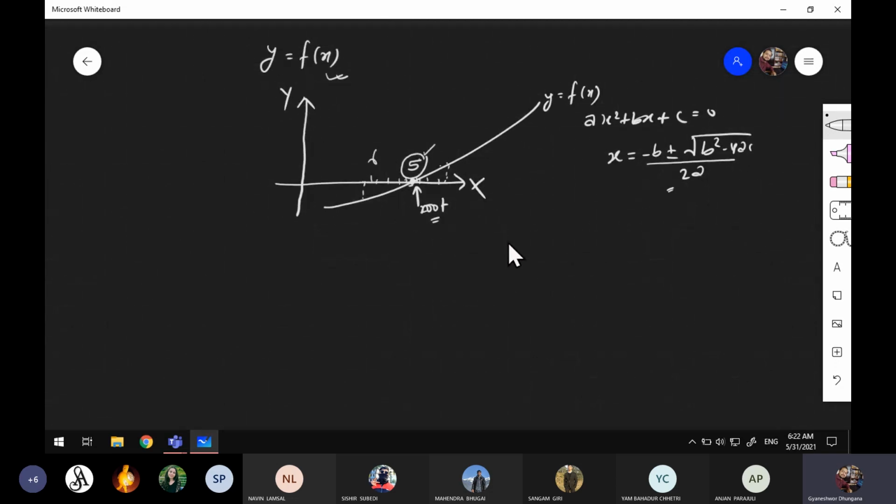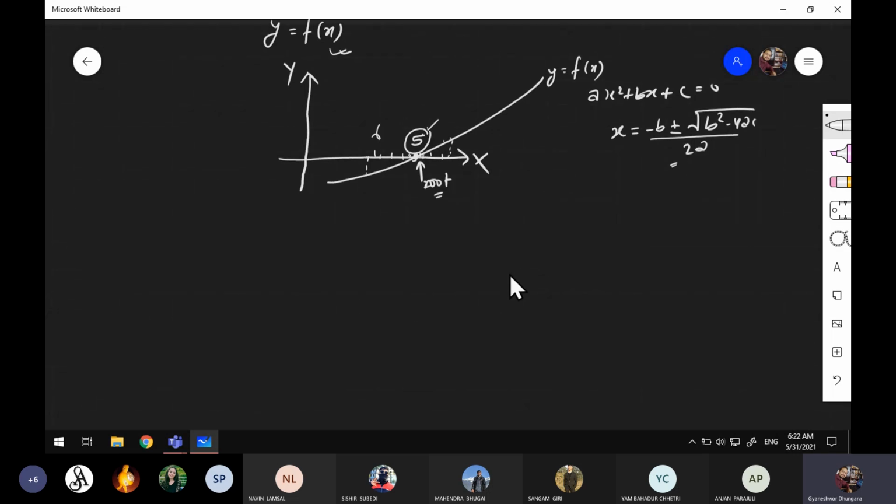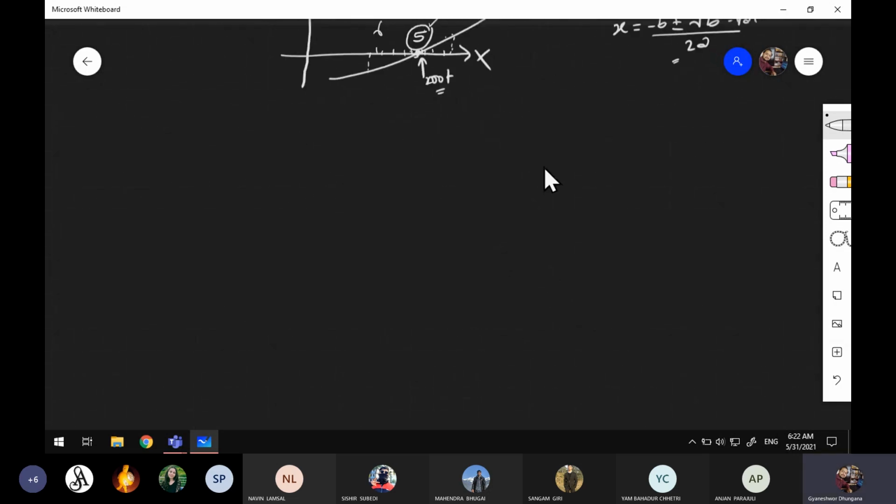If we don't get the value as close as desired, then we move on to another iteration, and in successive iterations we get closer and closer values, and that will ultimately give the solution. So basically we apply numerical methods in a number of problems.